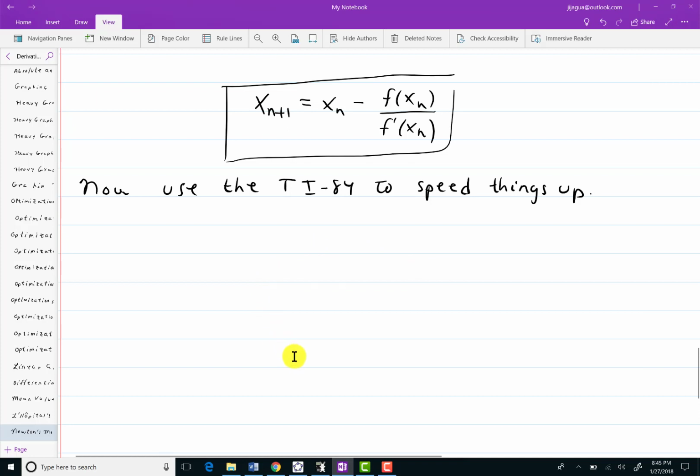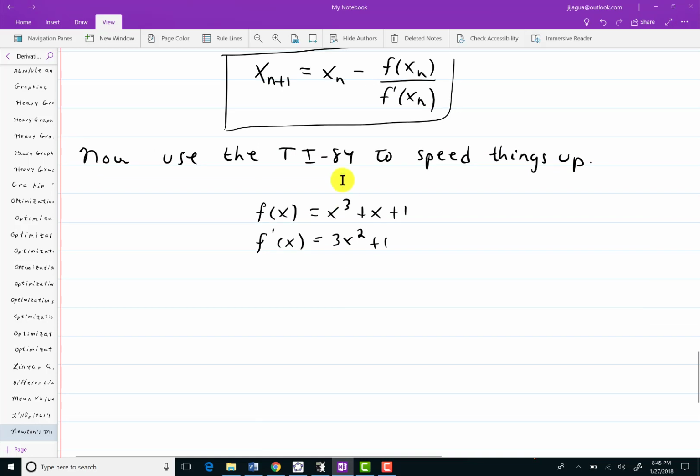In your Y1, you can't do x sub n's and all that stuff, but you can put an x minus, and then in the fxn, you're going to put, you know what, actually, before I do that, I'm going to rewrite this equation using the language of the stuff that we had. Remember, our function f of x was x cubed plus x plus 1. So that f prime of x would equal 3x squared plus 1.